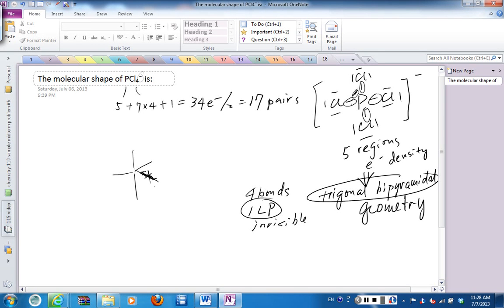one of those equatorial positions occupied by the lone pair, and without that, this is gone, and this is the shape, and that is what we call a seesaw.